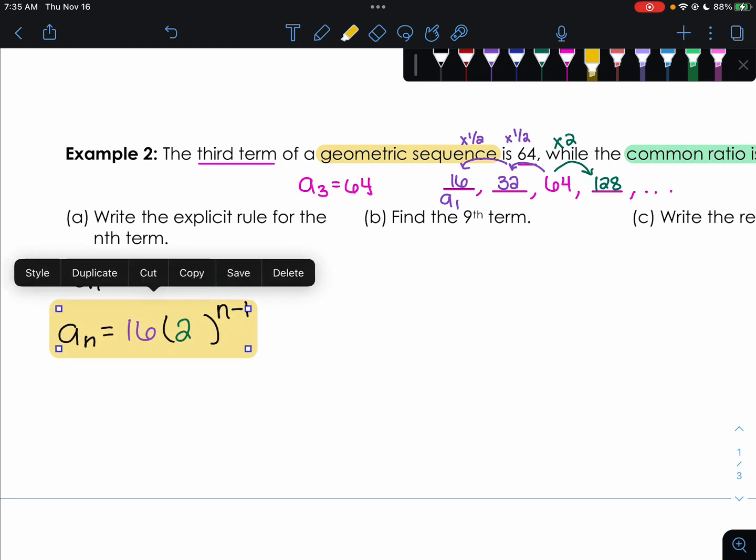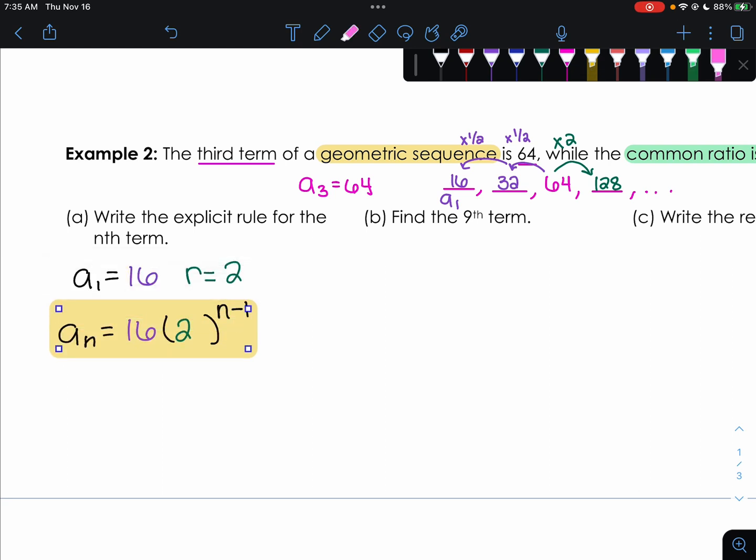Now, if I want to find the 9th term, all I have to do is plug in 9 into my formula. And so I am going to have 16 times 2 to the 9 minus 1 power. And then you're just going to type that into the calculator to see what it gives you.